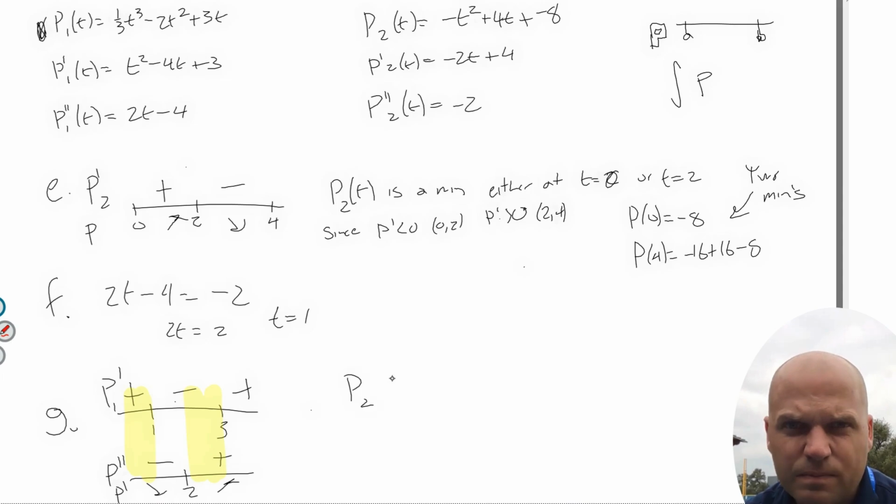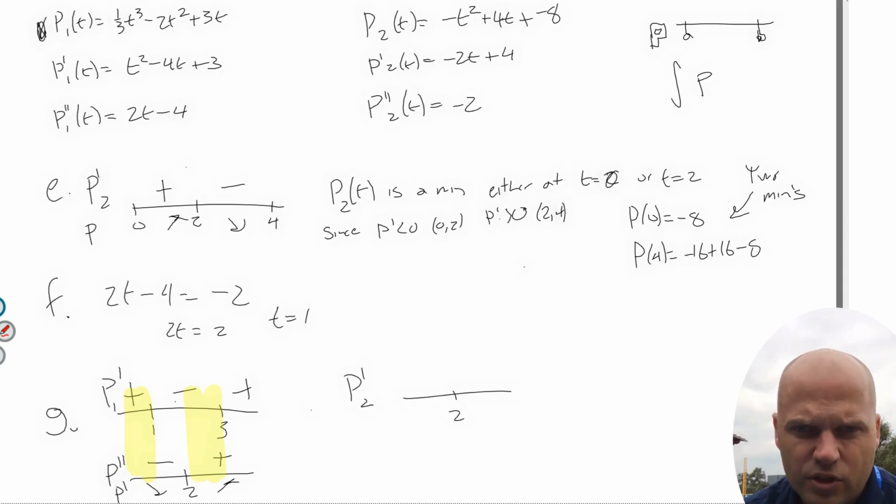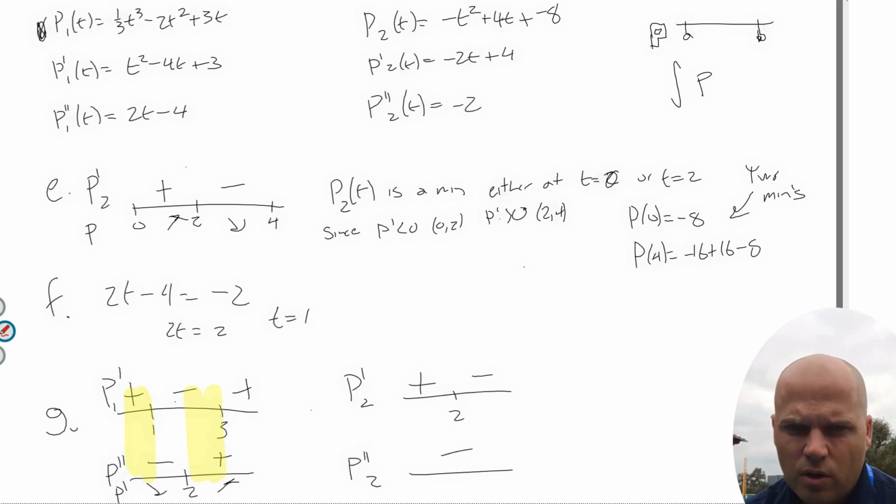Let's look at P2. P2 will center around 2. This is the derivative. I'm looking at negative 2t plus 4. Get positives and negatives. Okay, cool. Then P double prime of 2 is just strictly negative. So when are my velocity values getting closer to 0?